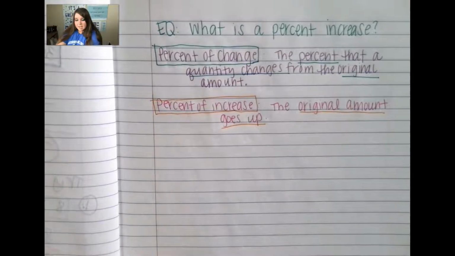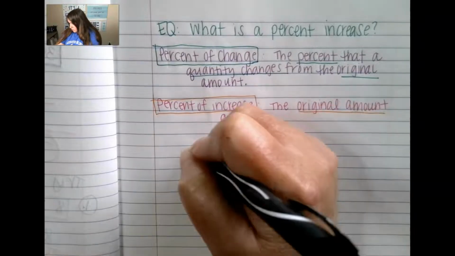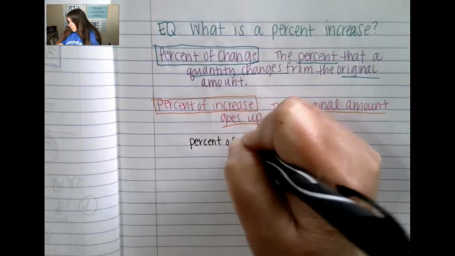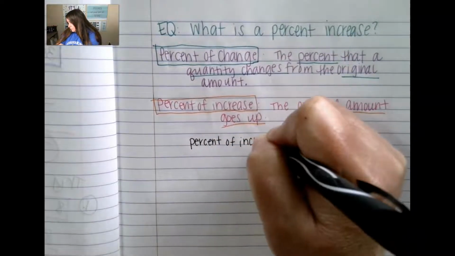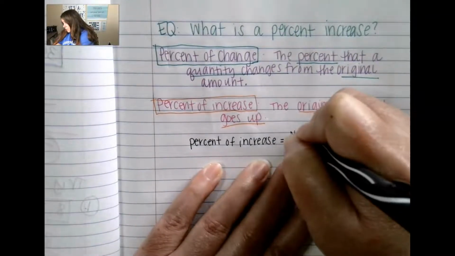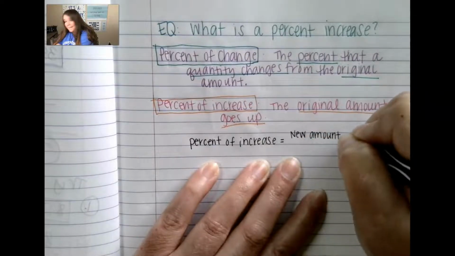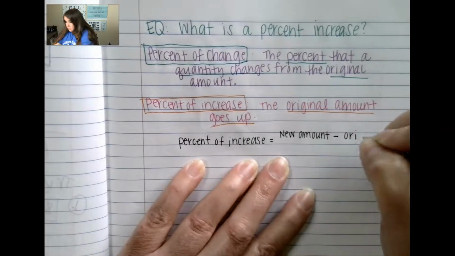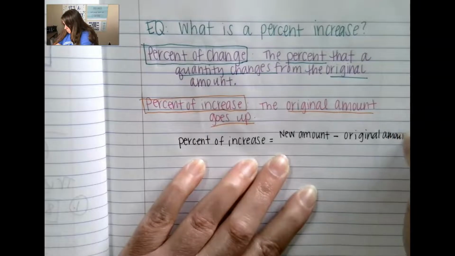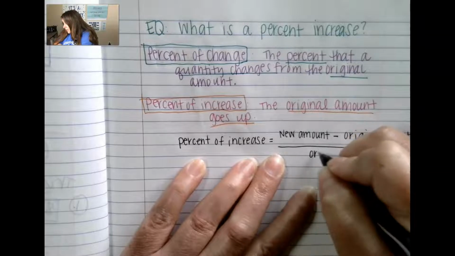So when we're looking at a percent increase, our percent of increase equals the new amount minus original amount, all divided by the original amount.